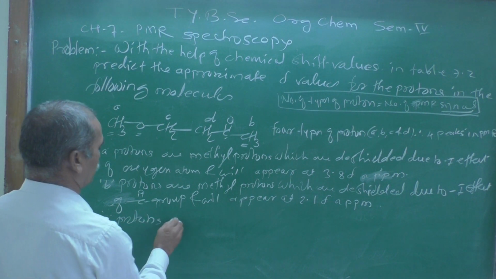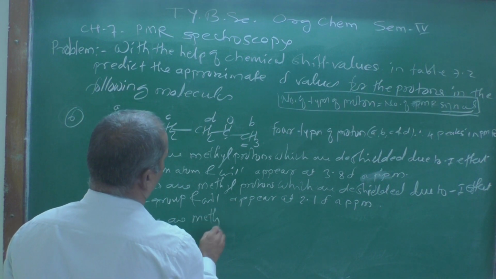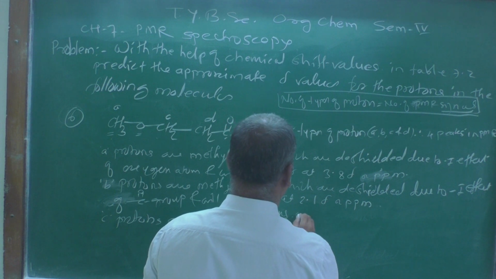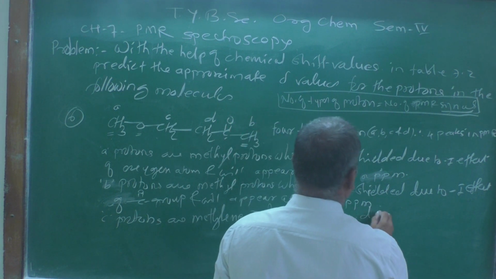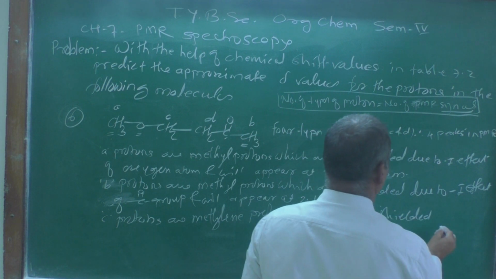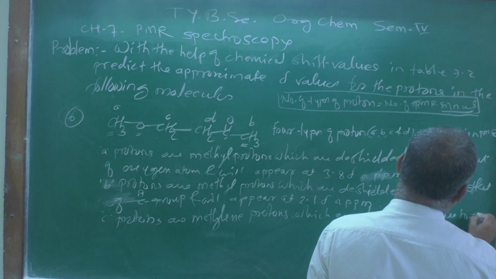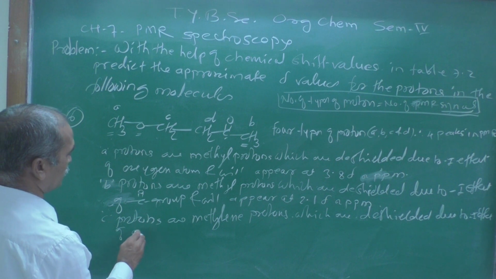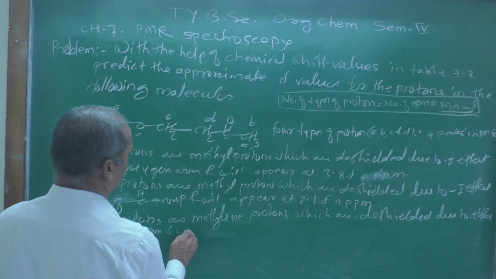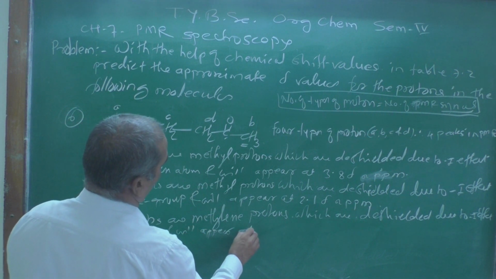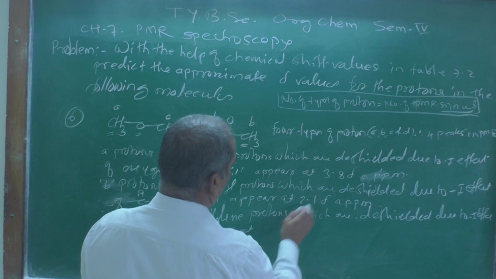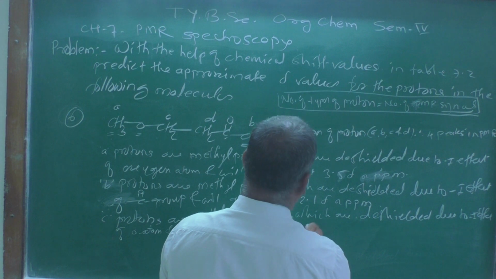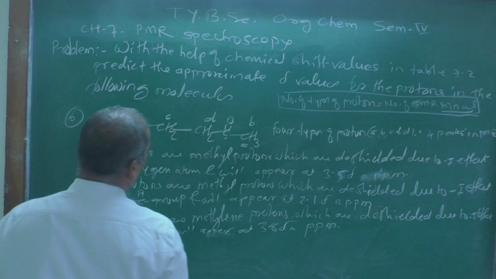C protons are methylene protons which are again, once again, deshielded due to minus I effect of oxygen atom, and will appear at 3.5 to 3.8 delta or ppm. Now let us move on to the next.